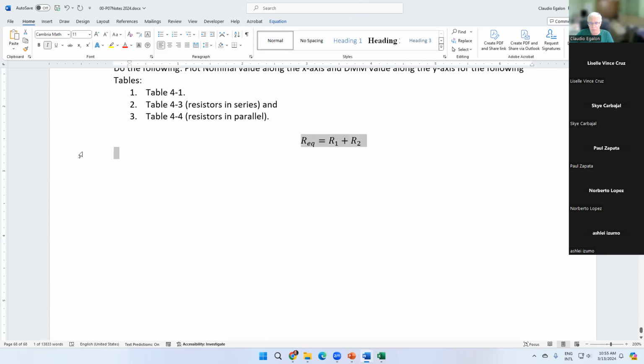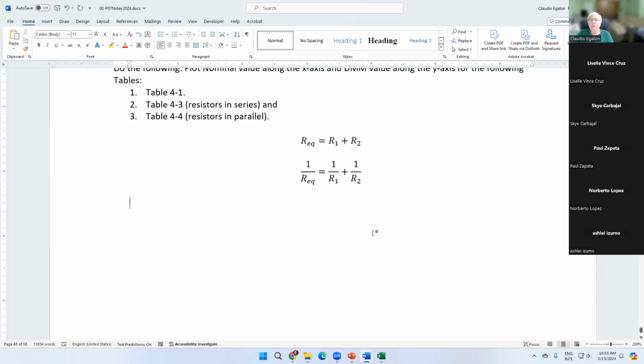But resistors in parallel, it's 1 divided, like that. So what am I doing? I'm just plotting the inverse of the equivalent resistance for the table for resistors in parallel. Okay.